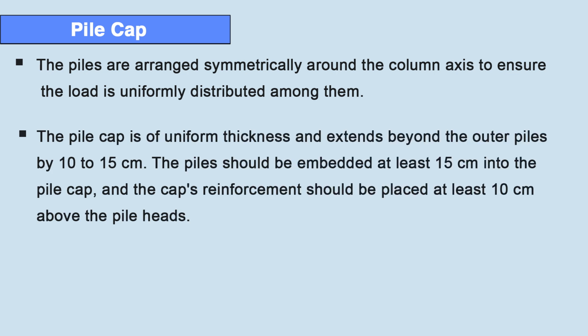The pile cap is of uniform thickness and extends beyond the outer pile by 10 to 15 centimeter. The pile should be embedded at least 15 centimeter into the pile cap, and the cap's reinforcement should be placed at least 10 cm above the pile heads.